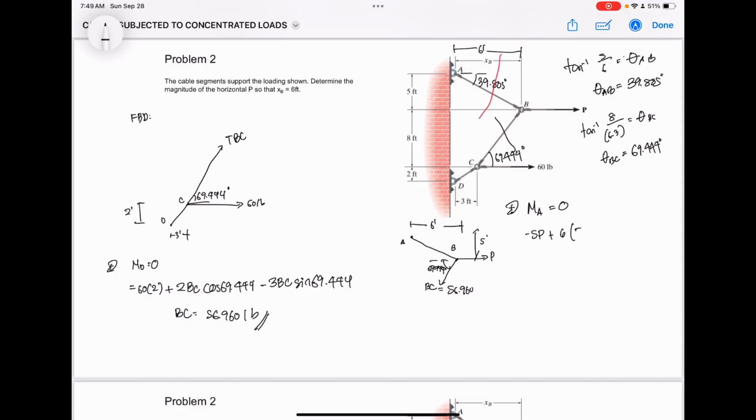The 6, 56.96 sine of 69.444 plus 5, 56.96 cosine 69.444. P is equal to 83.9999 pounds. So P is equal to 84 pounds.